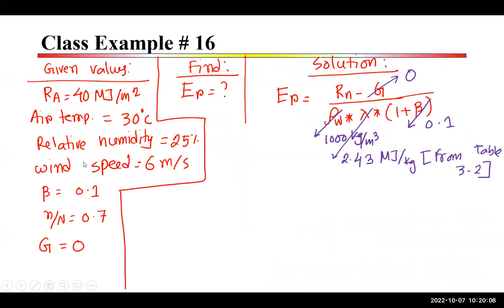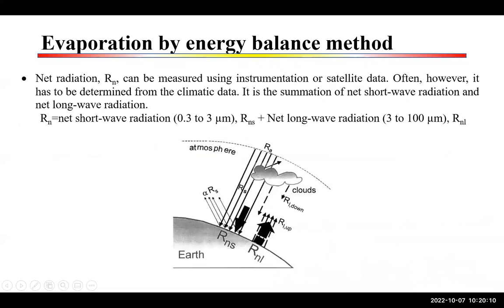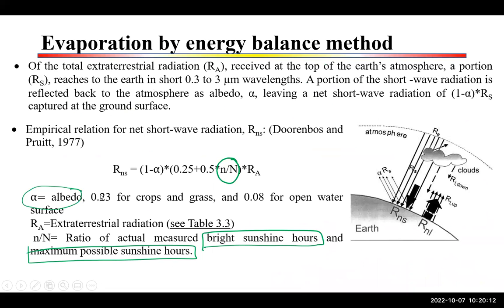Oh, this one, as we discussed here, alpha is the albedo, which is the portion of shortwave radiation which is getting reflected back. Okay. So for a surface which can take more heat, the reflection will be less, right? So that's what you can see, 0.23 for crops and grass, but 0.08 for open water surface, because open water can absorb almost most of the heat.